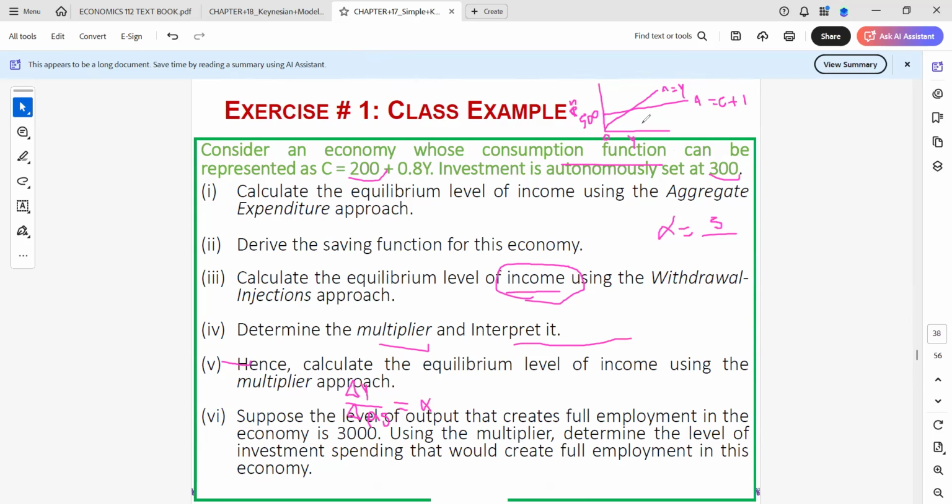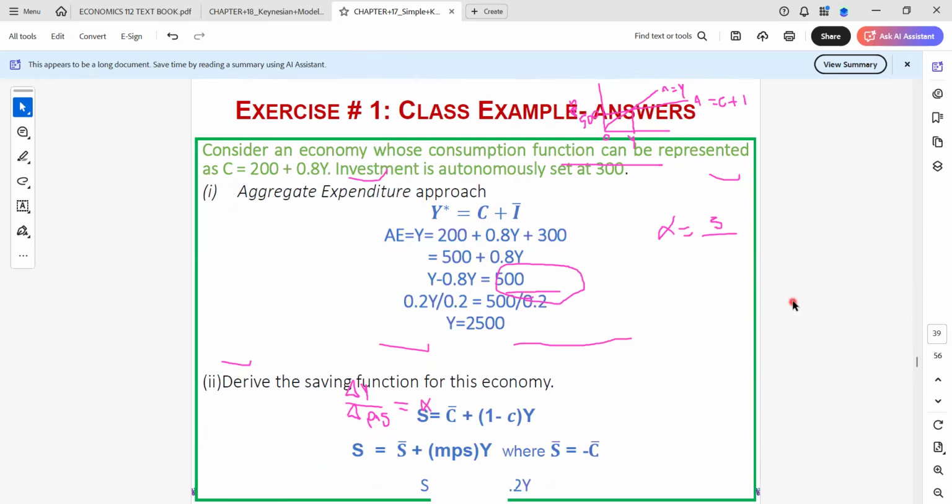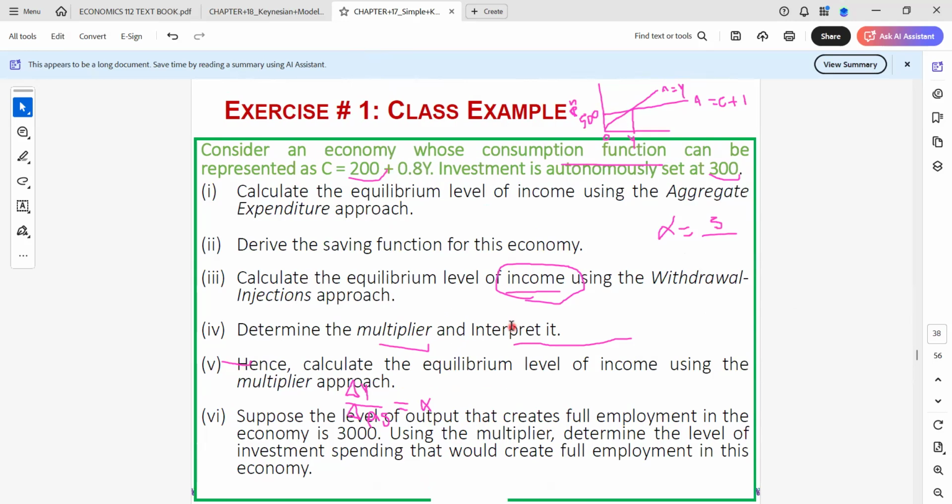So this is the graph that we have so far. And the income here is 2,500. Remember, that income they've already calculated for us. The equilibrium income here is 2,500, and this is what we have.